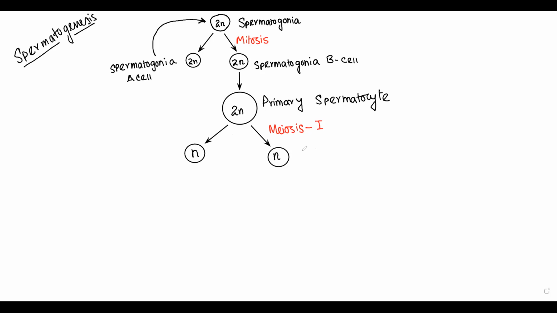So they are known as secondary spermatocytes. Primary spermatocyte is converted into secondary spermatocyte by meiosis 1.